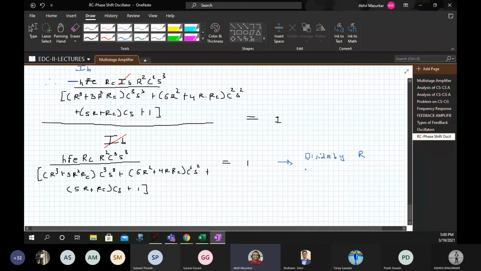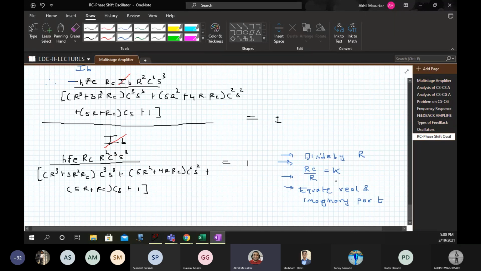Then step number 2 would be write RC upon R as K. And step number 3 would be equate real and imaginary parts.